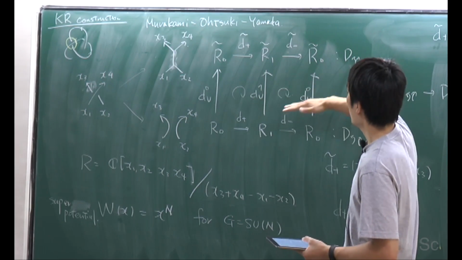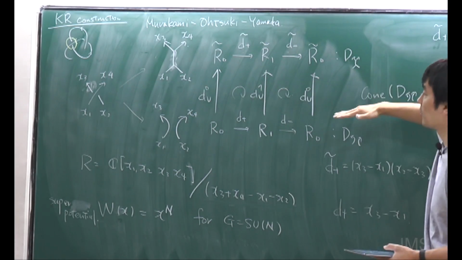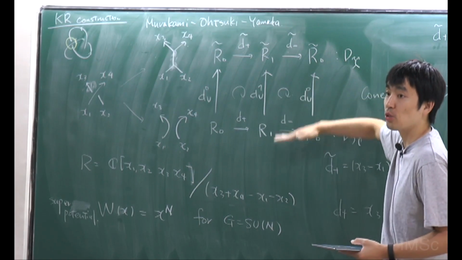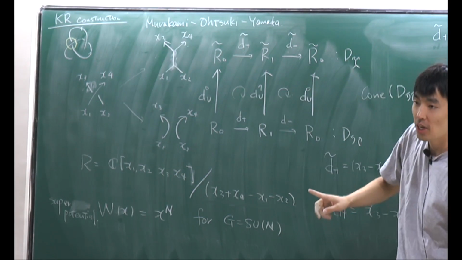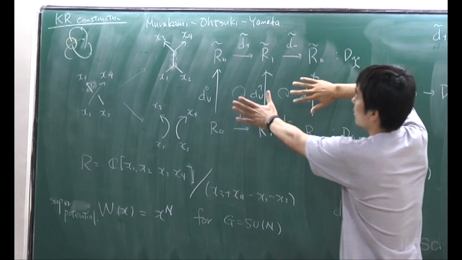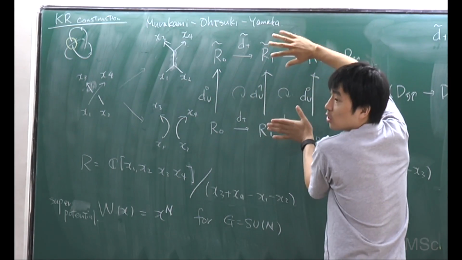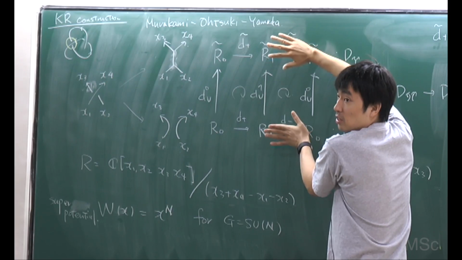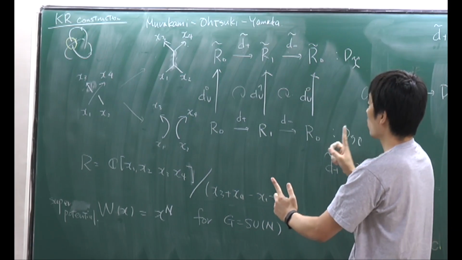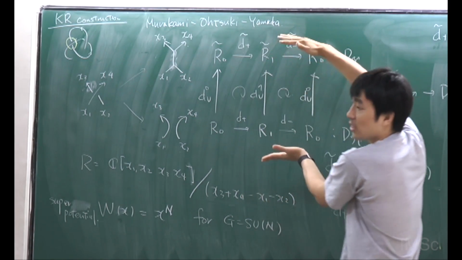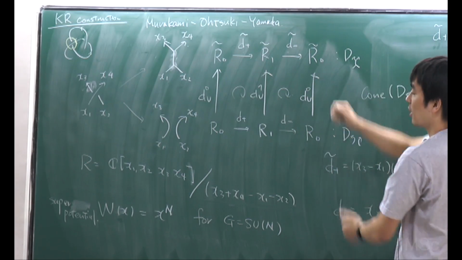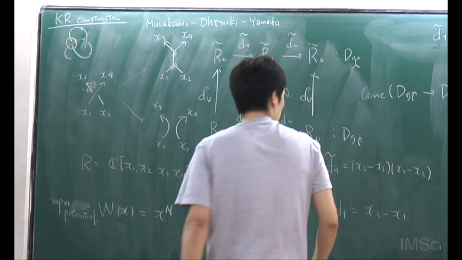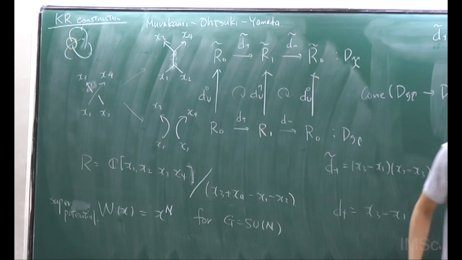Physicists often say this cone construction will give you the bound states of two defects. Without dV there are two different matrix factorizations, but by using cone construction, one can consider the bound state of two defects.